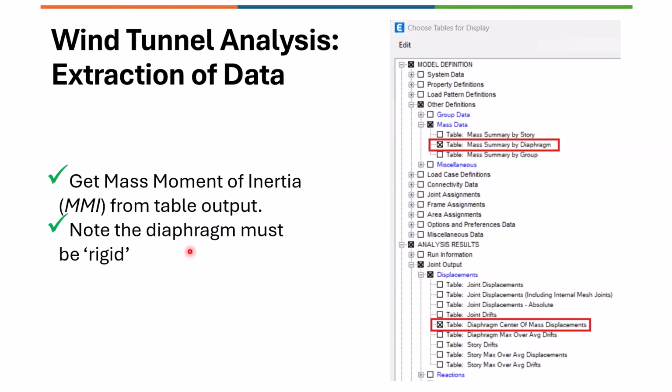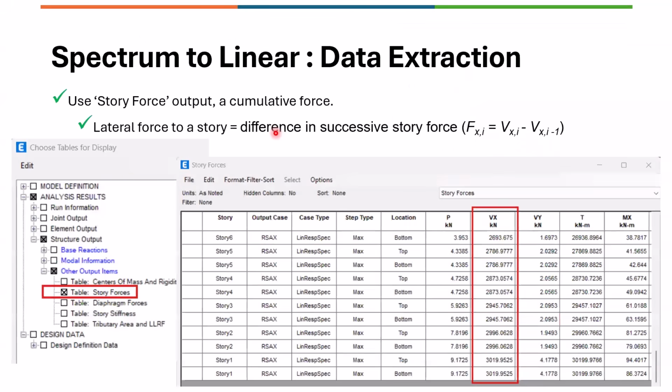So for this, we need to apply the rigid type of diaphragm. And then you can get the displacement of the diaphragm center or center of mass. And there will be requirement to convert the spectrum cases to linear cases, to simplify things.